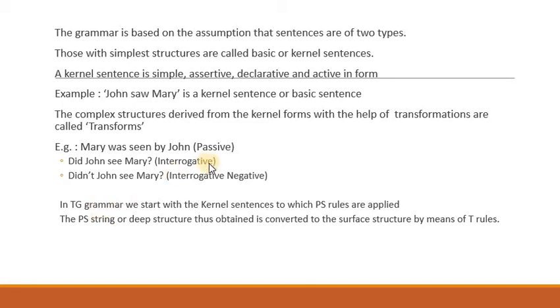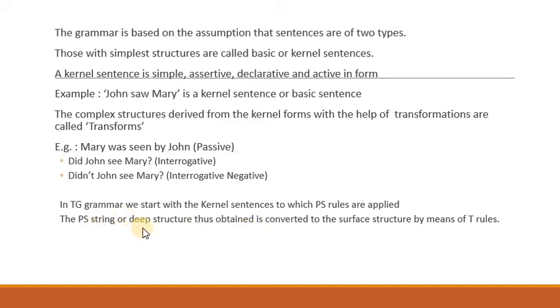So what happens in TG grammar is quite interesting. We start out with a simple, assertive, declarative, active form of a sentence, which is the kernel sentence, and we apply PS rules to it. Now, when you apply PS rules to any string of words or any sentence type, you will arrive at a PS string, right?